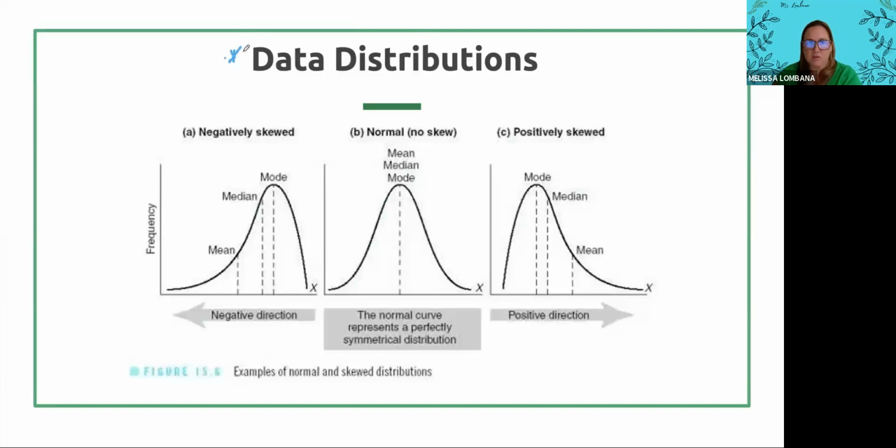So you may want to write this as a subtopic, the data distribution. And I want you to start with the normal one, right? So the normal curve is basically when your mean, median, and mode are all the same, okay? Which means that the scores are going to land right about here, whatever that may be.